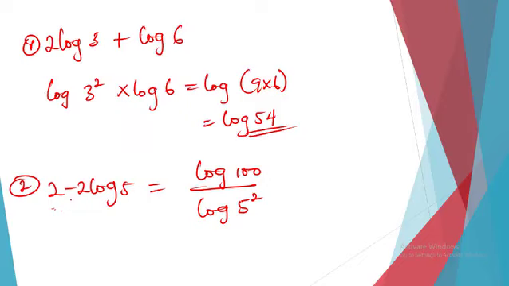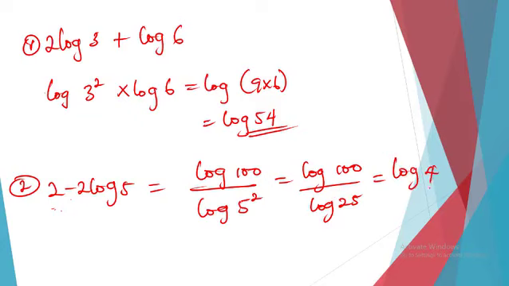So here we are dealing with minus, and it simply means all we are dealing with is division. Is that clear? Fine. So looking at this now, we then have this to be equal to log 100 all over log 25, and 100 divided by 25 will give us what? 4. So we have log 4 as our answer.